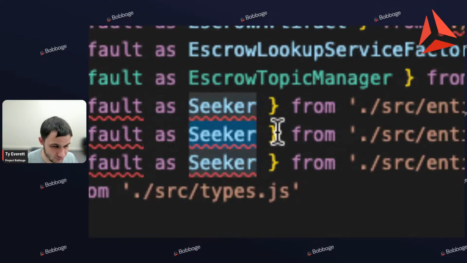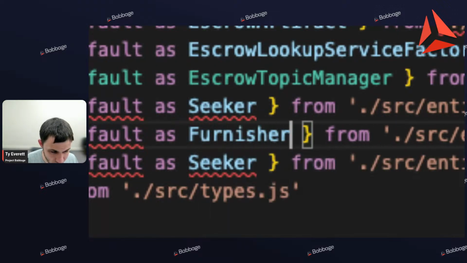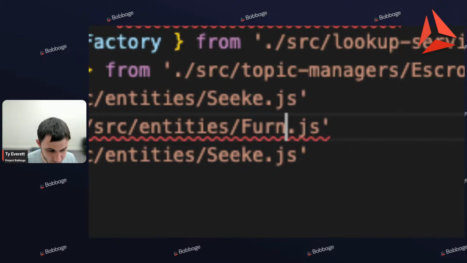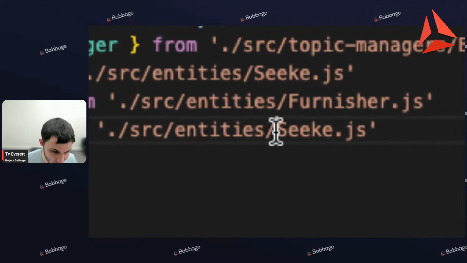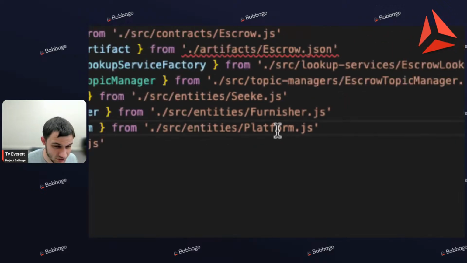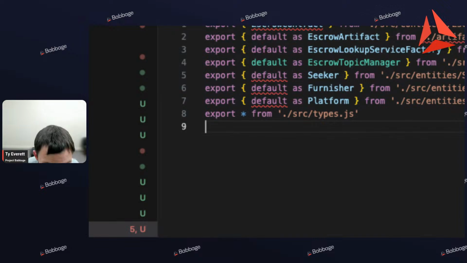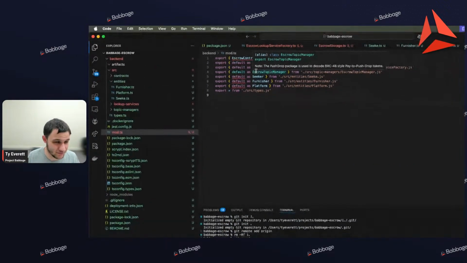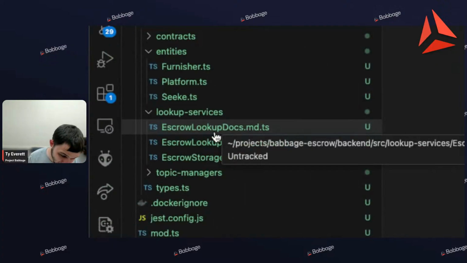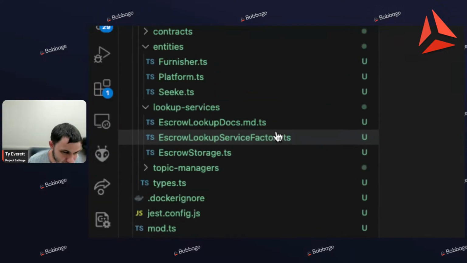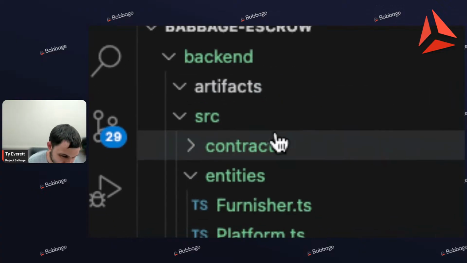We want furnisher. And platform. So if we export all of these things, and yes, I know some of these aren't yet defined, the theory is that now we have all the files that we need to write the core of our implementation of everything forever. Maybe that goes a little far, but I think we're very close.